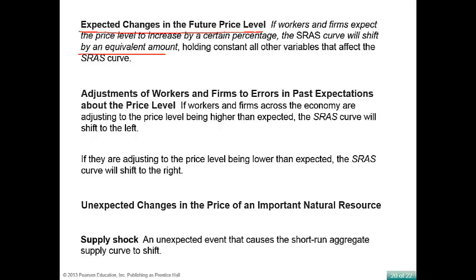Now, the only other variable I want to focus on as it affects supply is unexpected changes in the price of an important natural resource. The most important natural resource to our economy is oil.